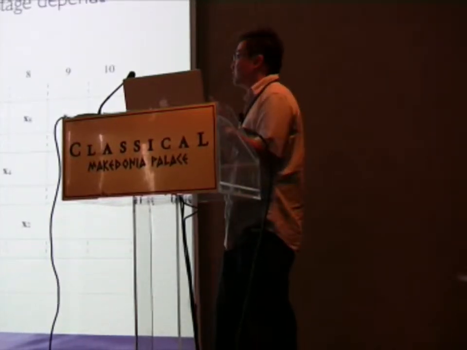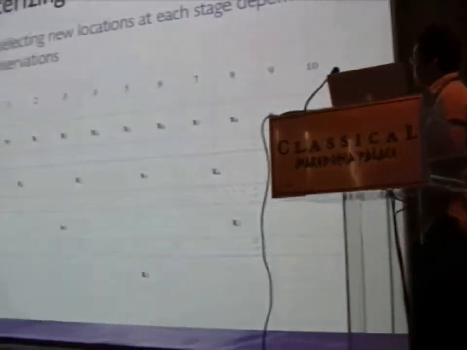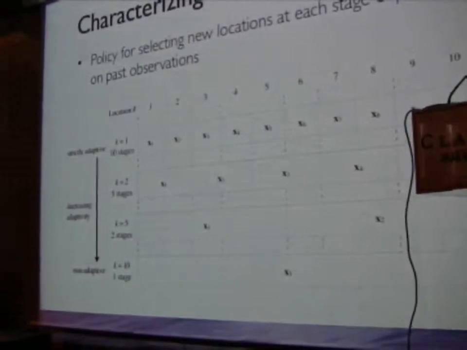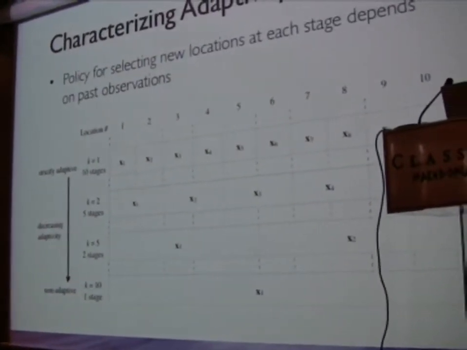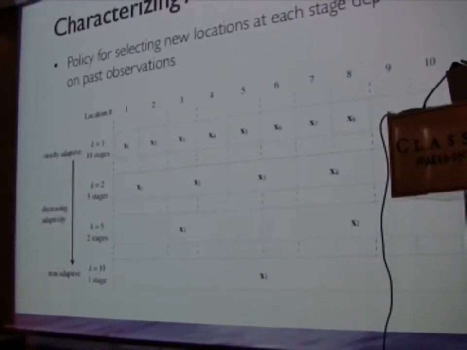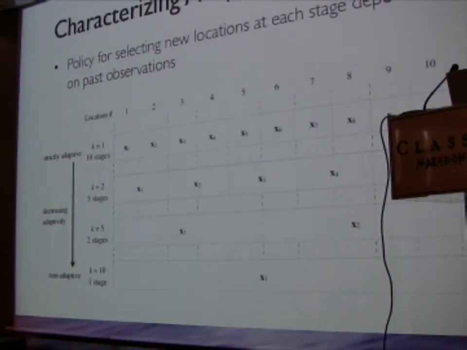Let me talk a bit more about what I mean by adaptive. How do you tell if a strategy is more or less adaptive than another strategy? Suppose that we have an exploration mission where the robot has to explore 10 locations. Recall that an adaptive policy selects new locations at each stage depending on past observations. Very simply, we can first look at one extreme case, which is the non-adaptive policy.